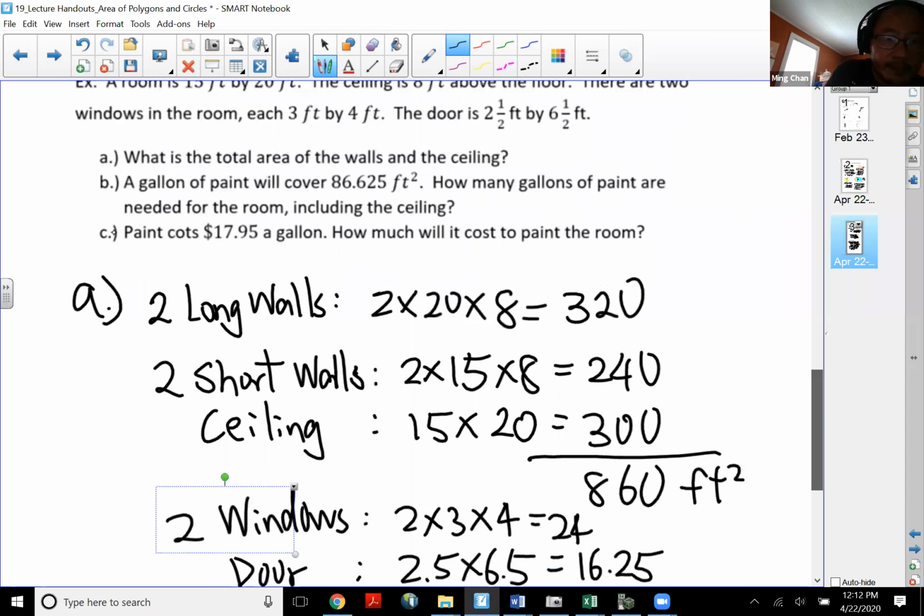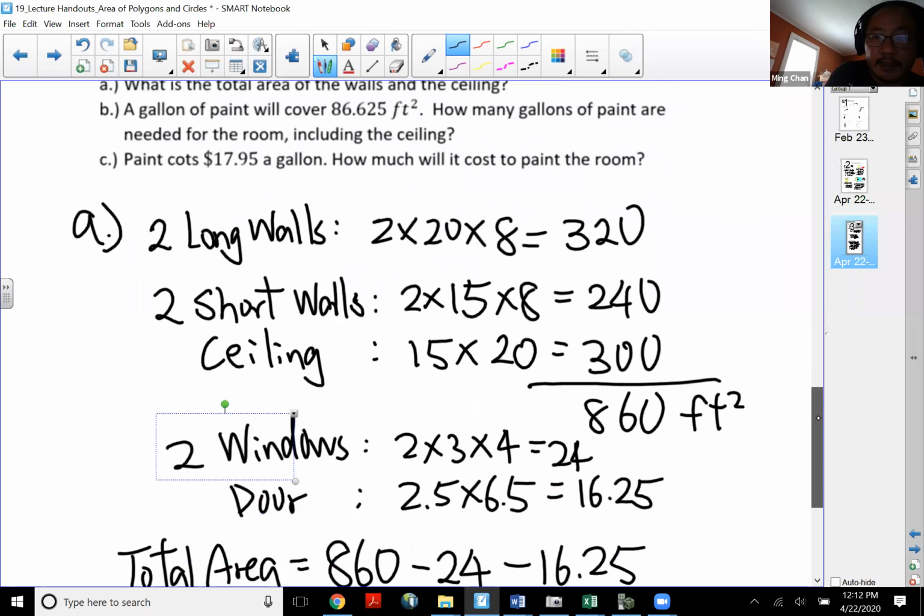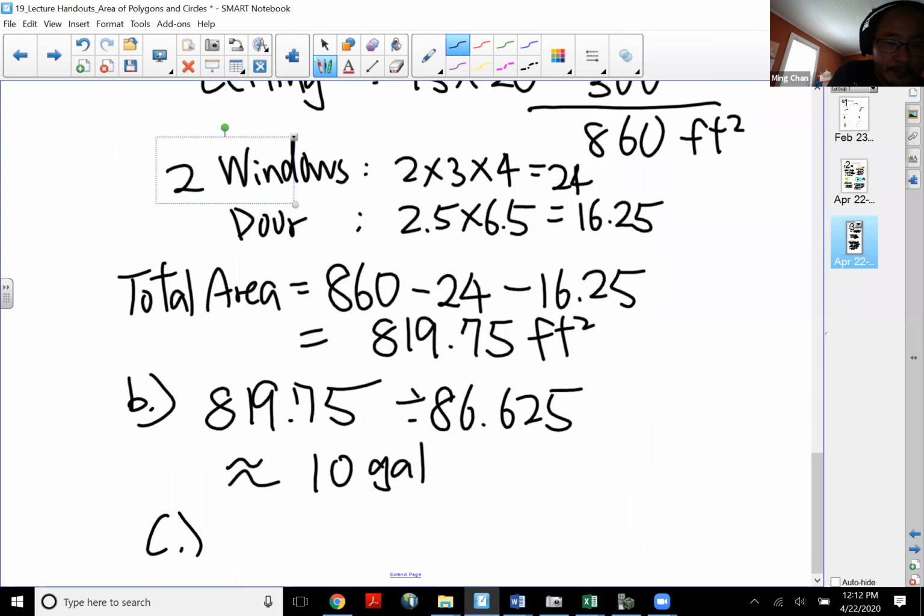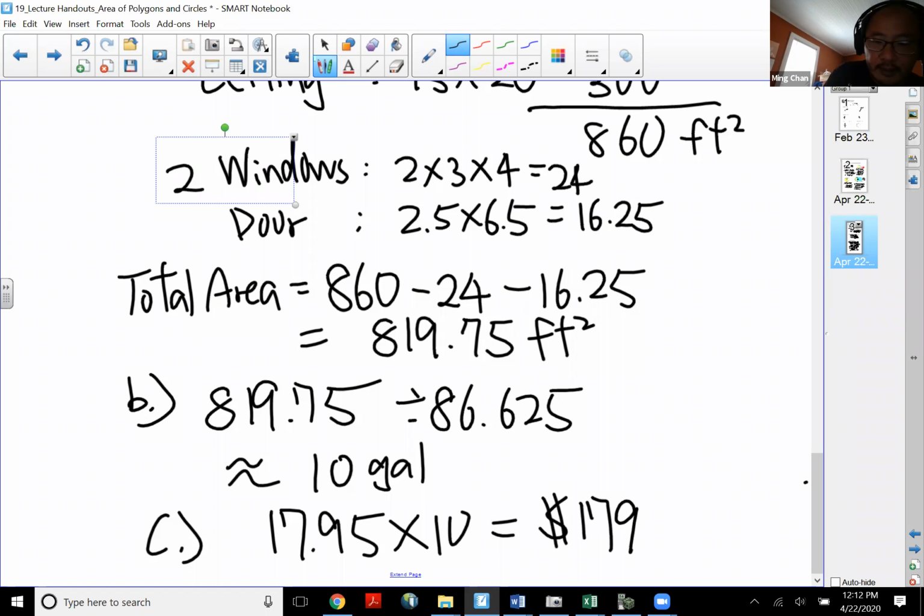The last part is, every gallon is $17.95, times the 10 I need to buy. That'll be $179.50.